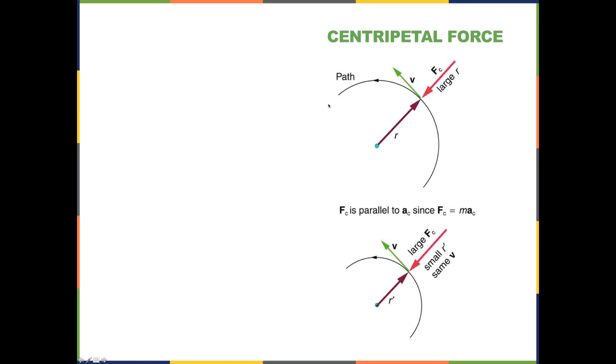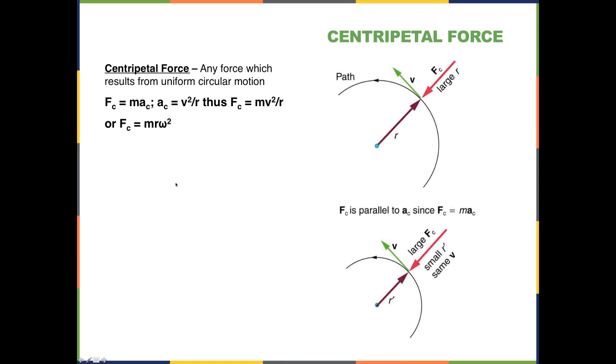The path is this way, the acceleration is toward the center, so the centripetal force is towards the center. It is parallel and in the same direction. Centripetal force is equal to the mass of the object times the centripetal acceleration.